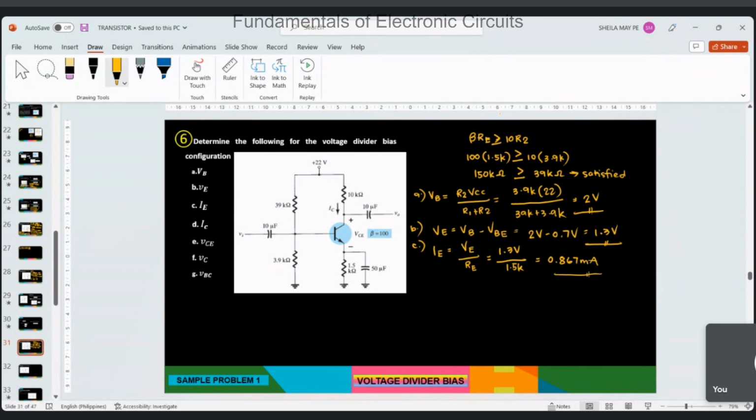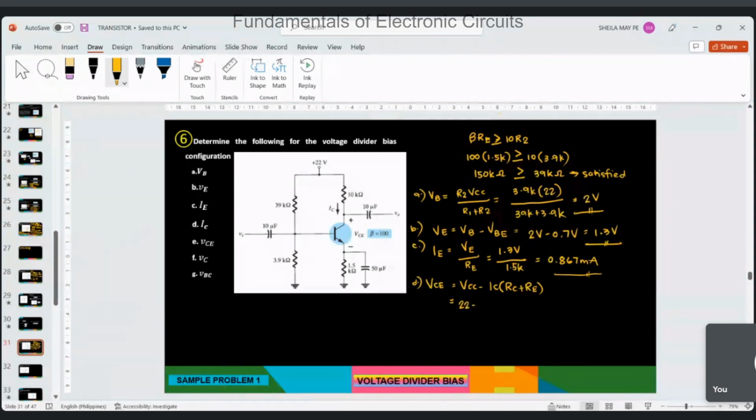That's for our IE. Next, we need to find our VCE. For the formula of our VCE, that's VCC minus IC times RC plus RE. So this is VCC 22 minus IC.